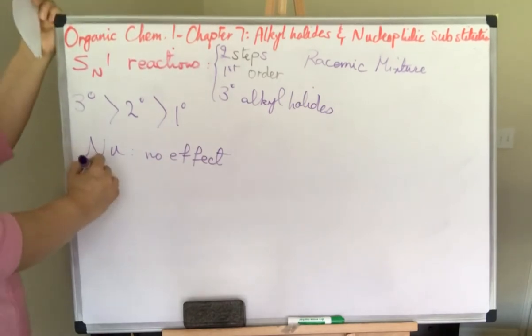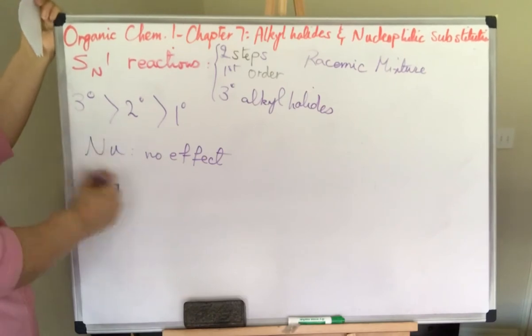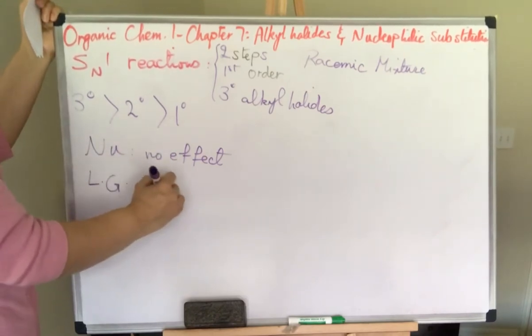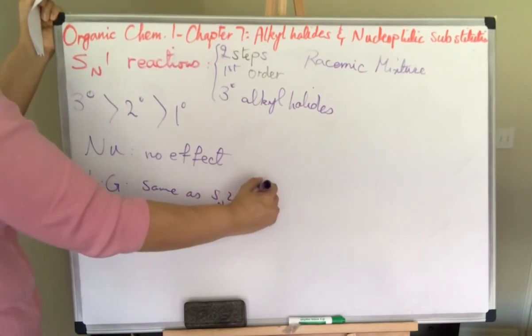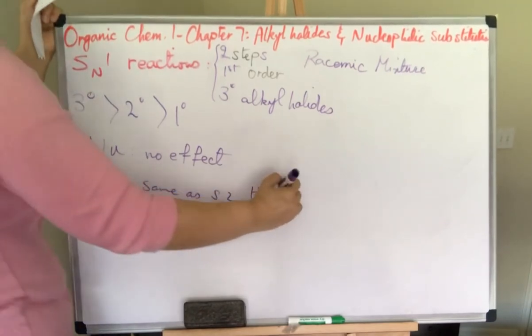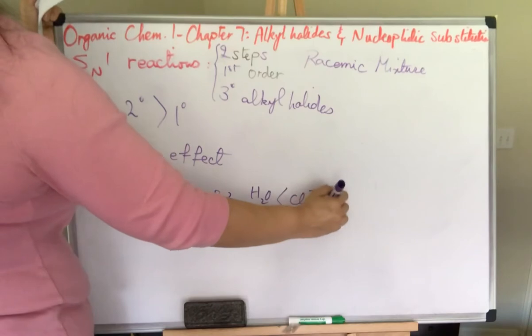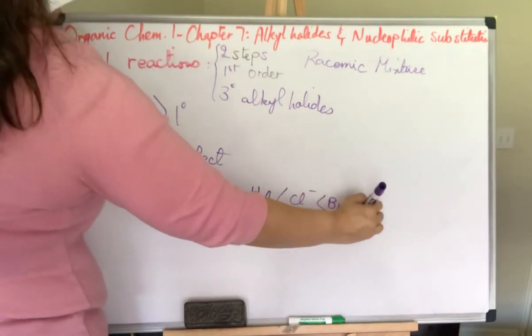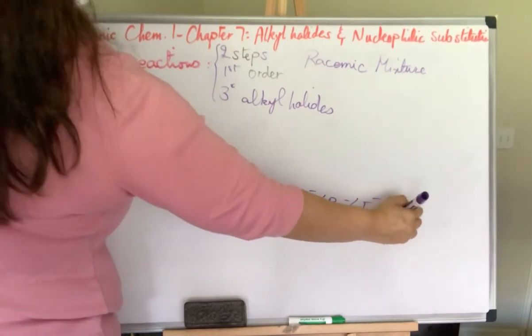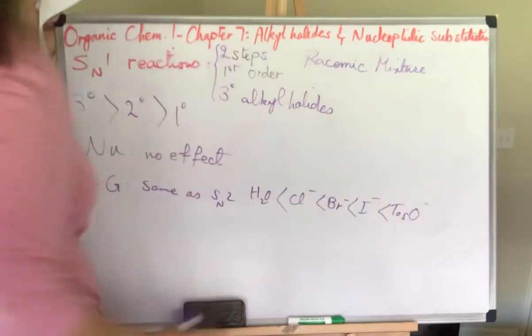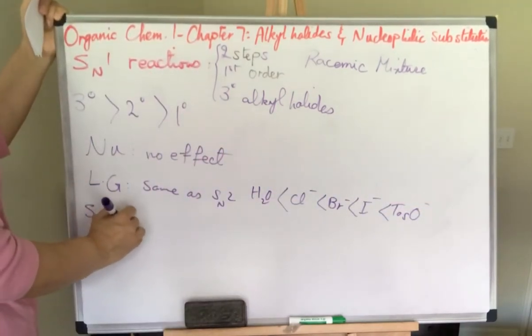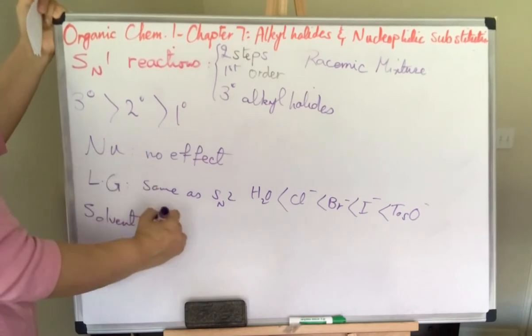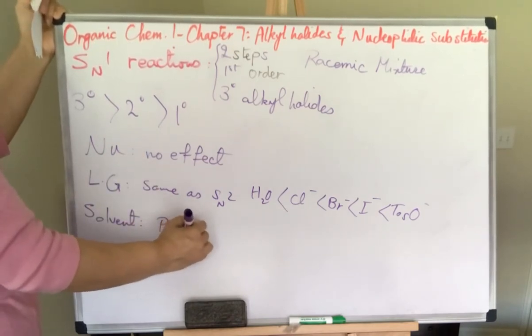As far as the leaving group, the same as SN2: H2O and weak bases are the worst, and again, tosylate is the best. And finally, as far as the solvent, it is the opposite of SN2: polar and protic.